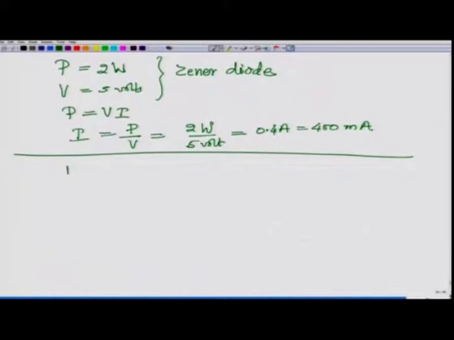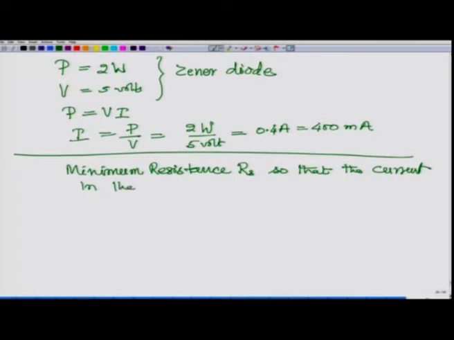What should be the minimum resistance that I should put there, right? Minimum resistance. Which resistance? RS. So that the current in the diode does not exceed 400 milliampere.